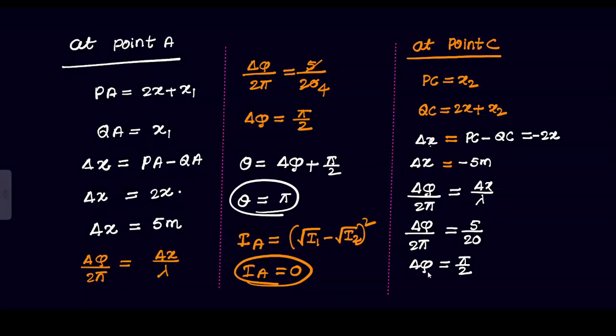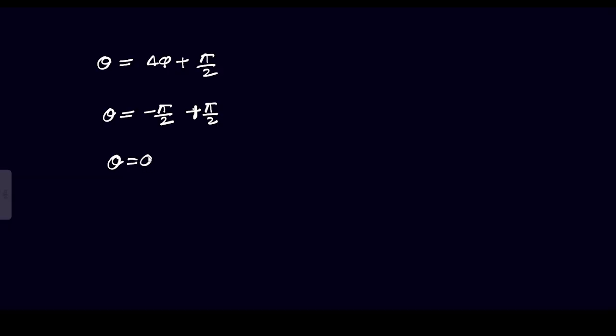That's why a minus angle will come. Now finally this angle is equal to delta phi plus the initial phase difference, pi by 2. So theta will be pi by 2 plus again pi by 2 added. So the theta value is how much now?